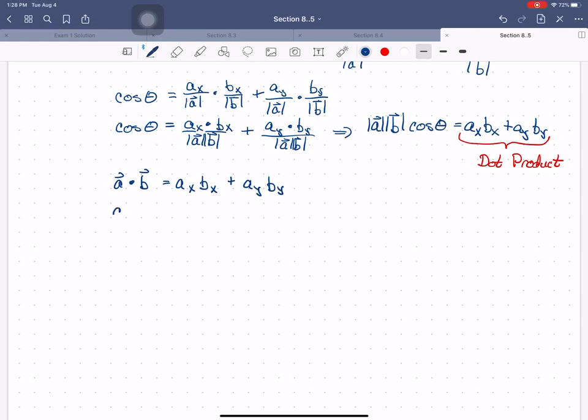And that is also equal to the product of the magnitudes of the vectors multiplied by the cosine of the angle in between them. So that is the definition of the dot product.